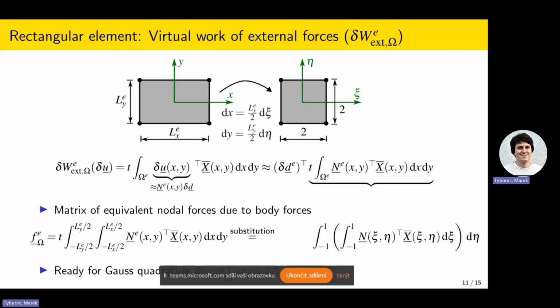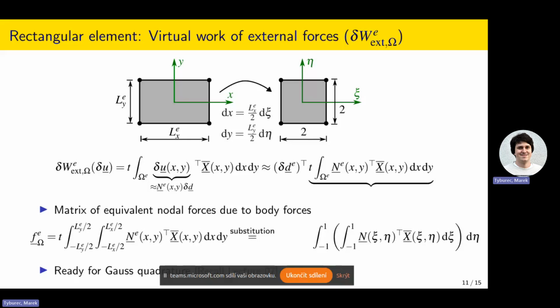So again, we can expand this domain to x and y coordinates. So it can be minus y over 2 to y over 2, where, just to recall, but you can see it in the figure, this Ly is the dimension of this element in the y direction, as Lx is the length of the element in its x direction.